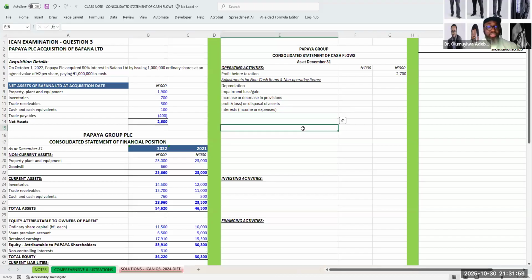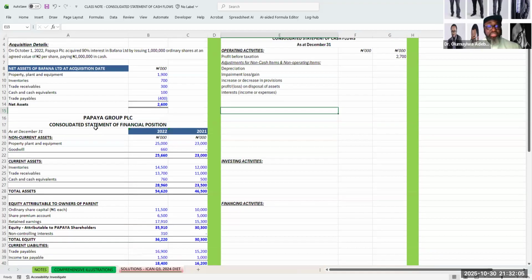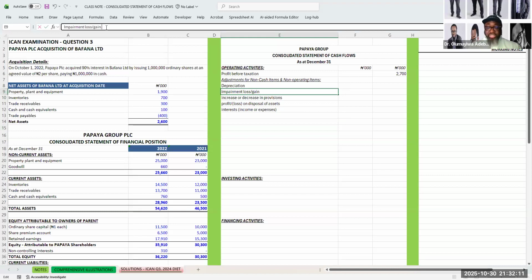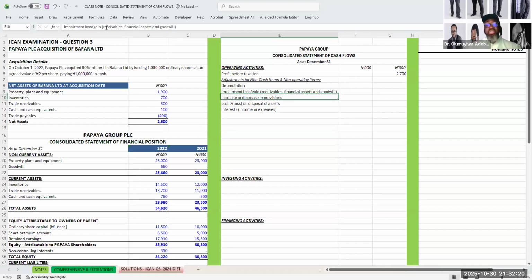But when we look at the question we just read out, you'll find there's nothing that suggests impairment. This impairment loss can be on receivables, on financial assets, and even on goodwill, as the case may be.